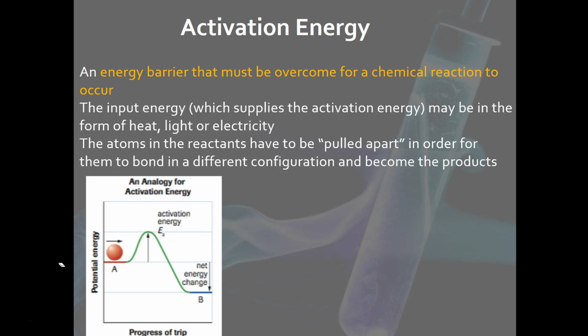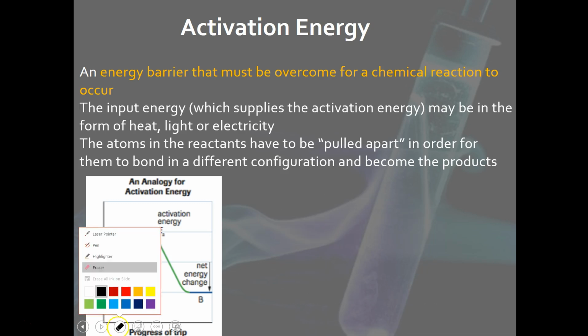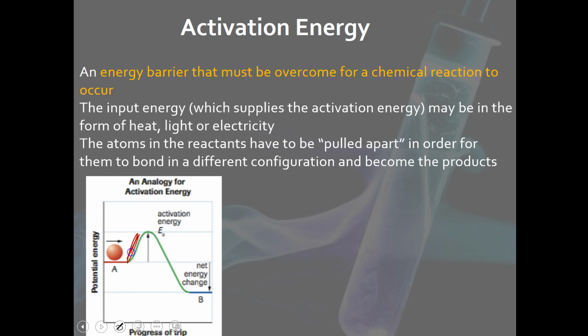When we are writing our potential energy diagrams, we're not taking that activation energy into account, but we need to realize that it is actually happening. There's going to be energy required in this area. Enough energy needs to be added to the system to break apart the molecules and then recombine into my product.